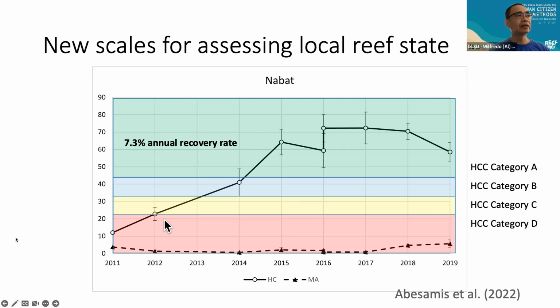Notice now, one of the reasons this reef is recovering so fast after the 2010 bleaching was because the cover of macroalgae, seaweeds, is very low.